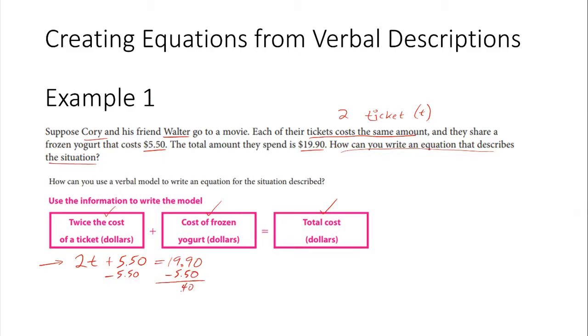So you get 40 cents there, 90 minus 50, and then $14 there. And these cancel out, and all that's left is 2t equaling $14.40. This was the subtraction property of equality.